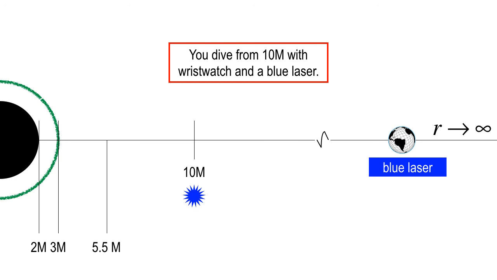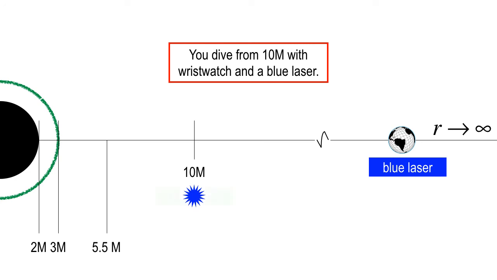And you're out on the side of the spaceship, and you take the blue laser beam and you shine it into your hand, and you say to yourself, oh yeah, this is blue, okay? So for you, the laser beam is going to look blue. It all looks normal. And you're wearing a wristwatch, and your Timex is going 60 seconds per minute, no problem, all right?